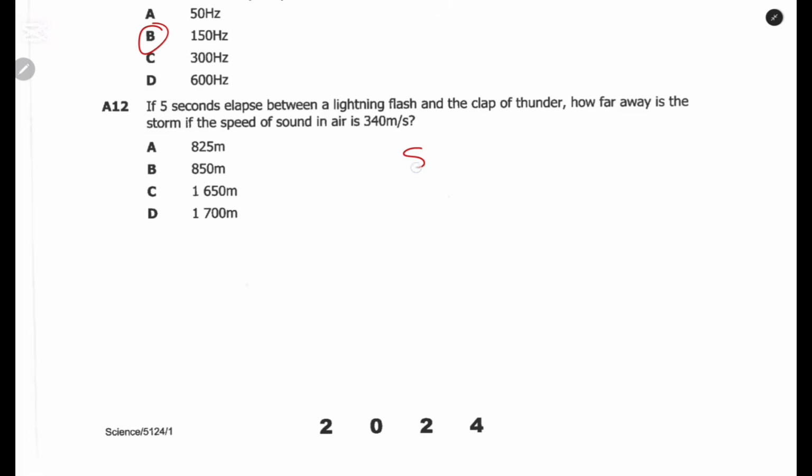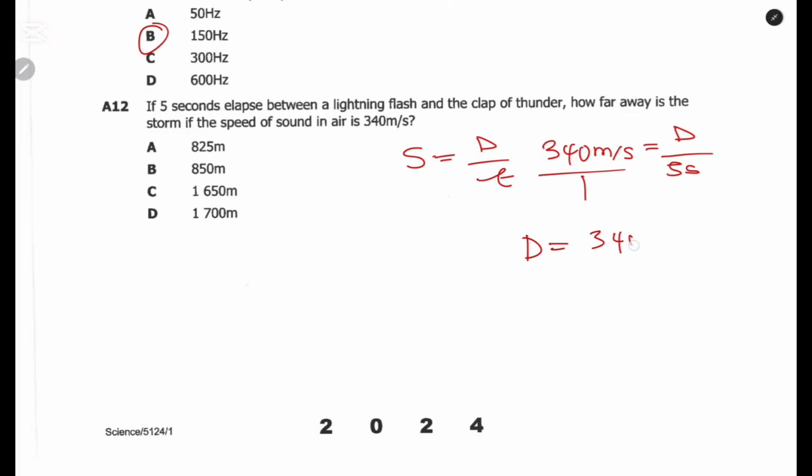To write the formula, speed is equal to distance over time. The speed is 340 meters per second, we are looking for distance, and the time is 5 seconds. So here you cross multiply. D therefore is equal to 340 meters per second multiplied by 5 seconds.